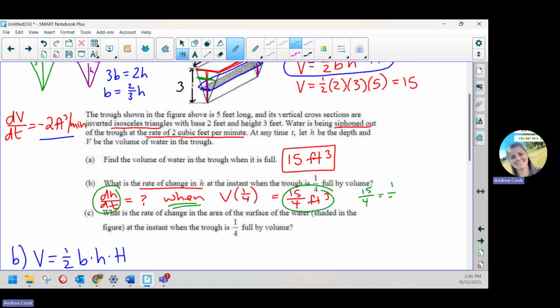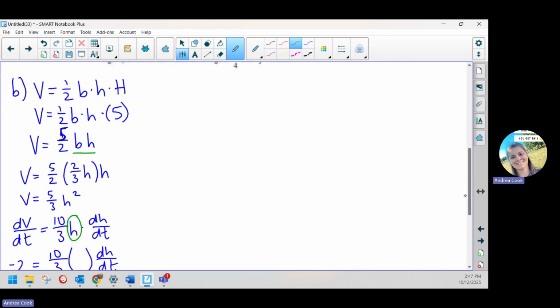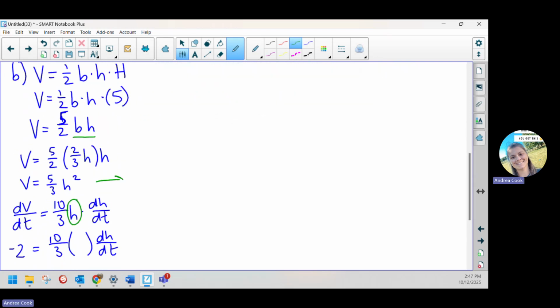Let's use this volume formula here, the one with H squared. So my volume is 15/4. That makes it a lot easier.